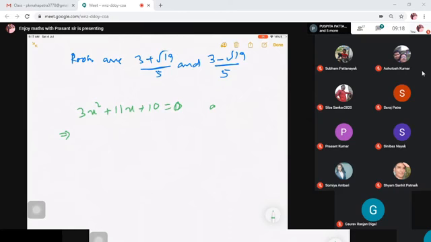Do you remember I told you how to multiply with 11 easily? When you want to multiply any number by 11, just write this number's ones place, then 1 plus 2, 3, then this 1. So 132.